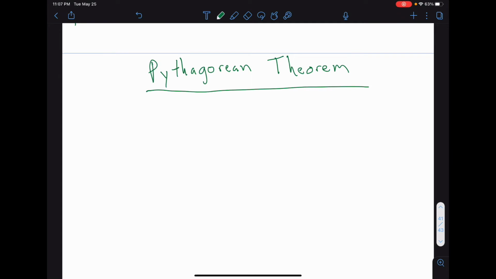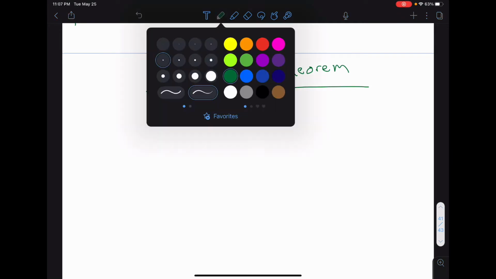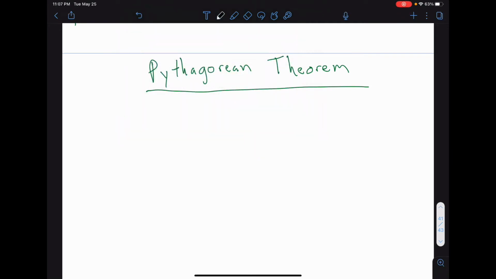Alright, Pythagorean Theorem. This is when I have a right triangle. When I have a right triangle.